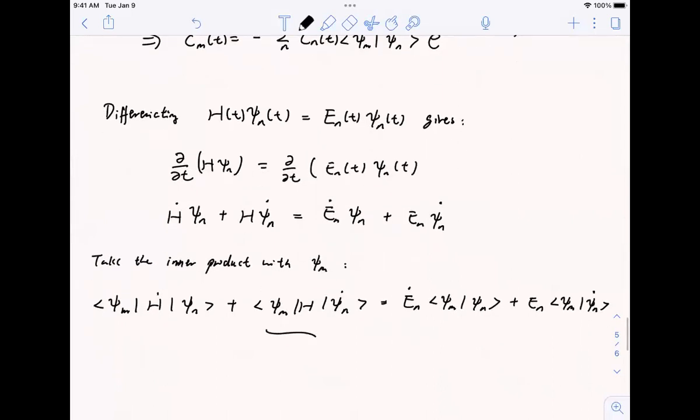This one, you apply the Hamiltonian on the bra state, then you get Em. So this one is just the delta function.